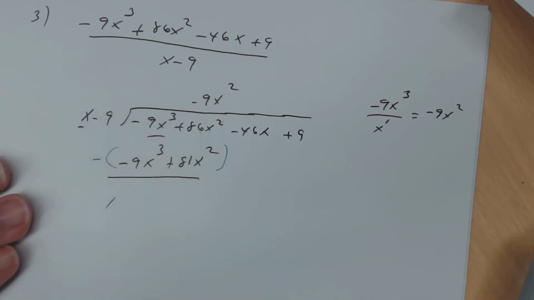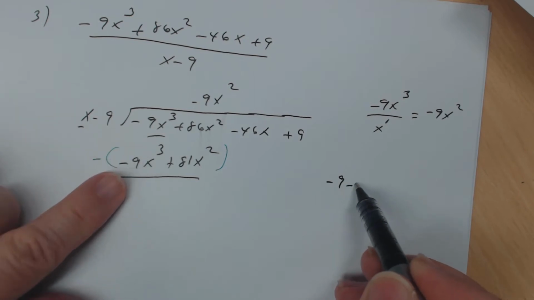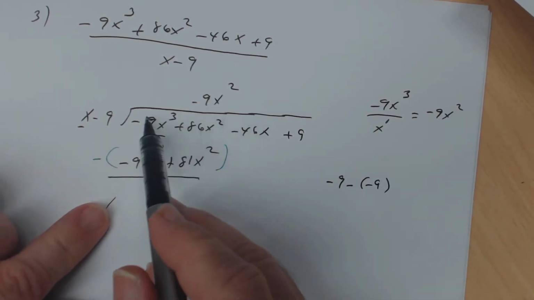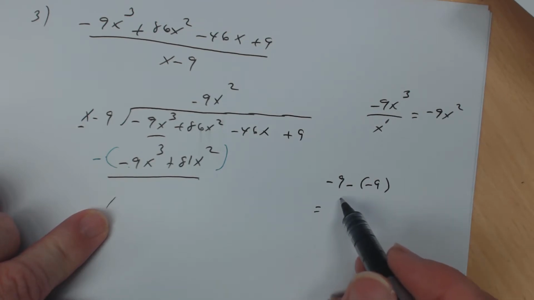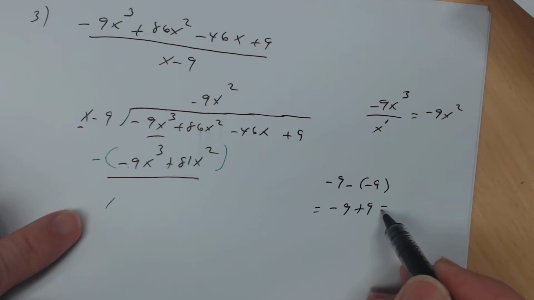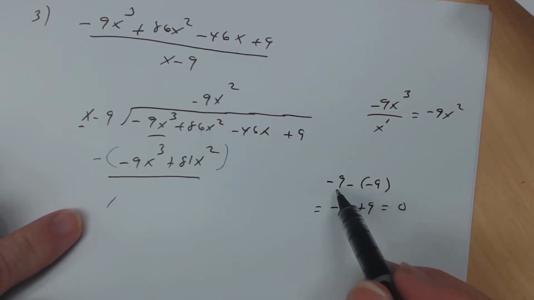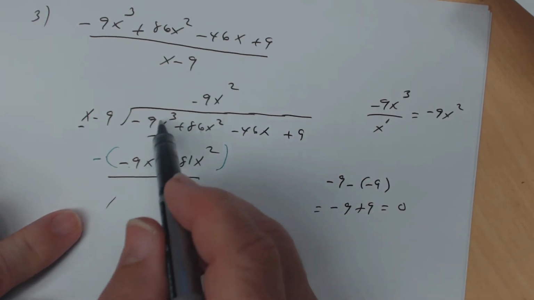Okay? So on your calculator, think about it, you're saying negative 9 subtract a negative 9. In your mind, mathematically, this really means negative 9 plus 9. But if you didn't see that, then use your calculator. Say negative 9 subtract a negative 9, and you get 0. And that's what happens here.